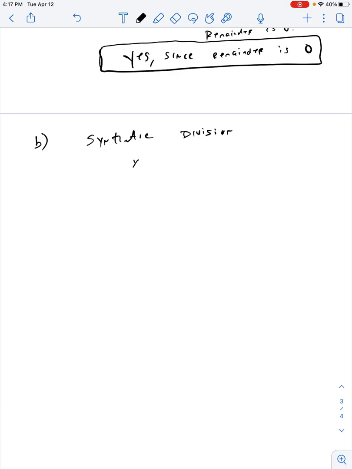Since it was x plus 1, we do the opposite. So we show minus 1. Remember, it's always the opposite. And we have to include the x to the third, the x to the second, the x, and then just our number.